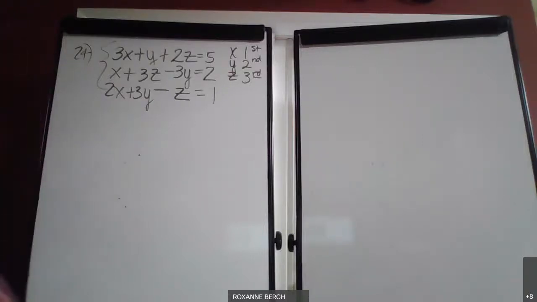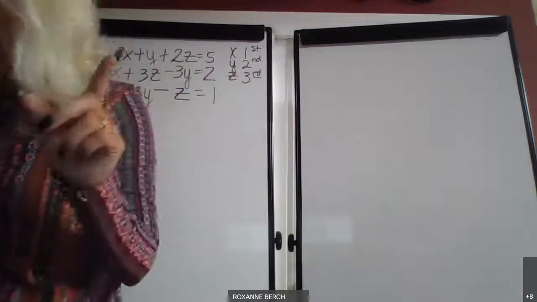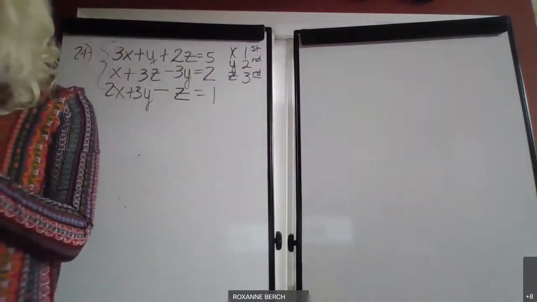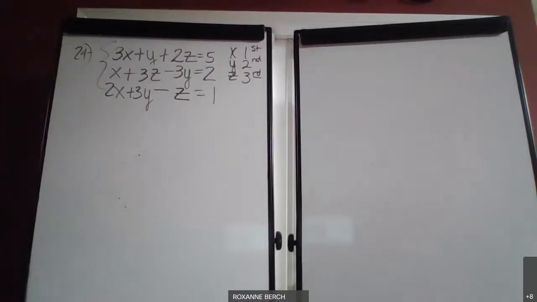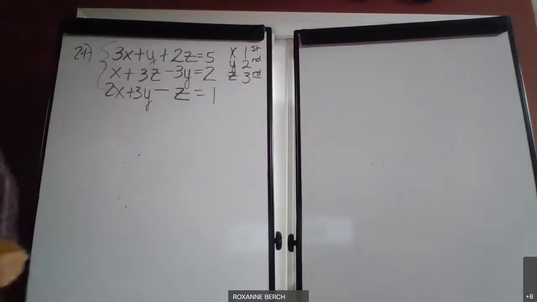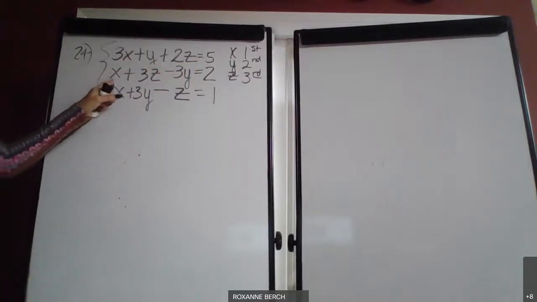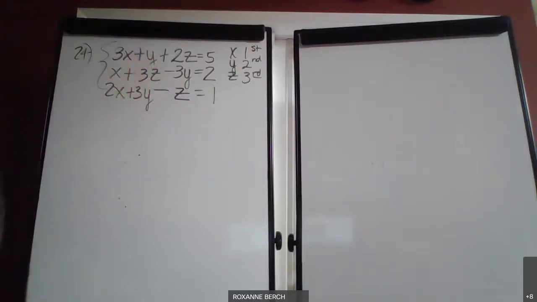Okay, now, since these problems are so long to do, I just want to make sure that we set this up correctly. This is problem number 24, and you're going to be doing number 23 and 24 in your lesson. I just want to make sure I set it up right. So the first one is 3x plus y plus 2z equals 5. This is x minus 3y plus 3z. So I'm going to switch the order.